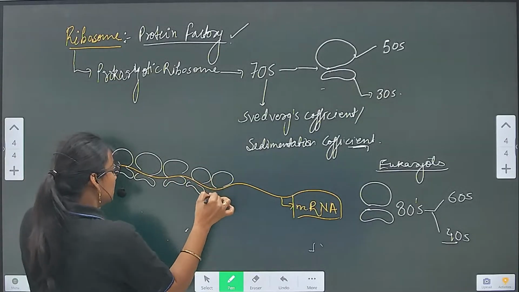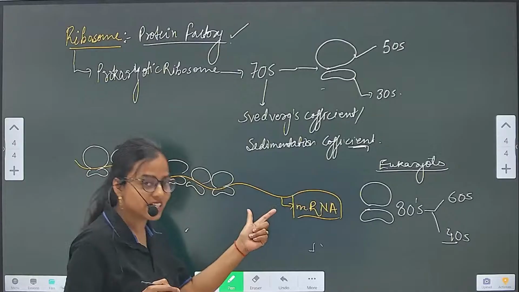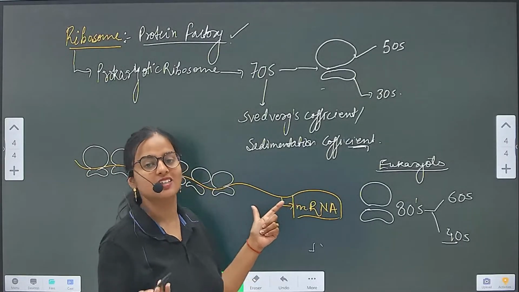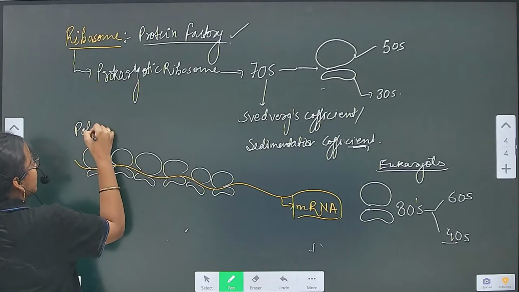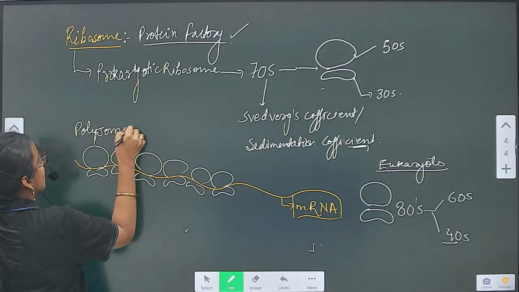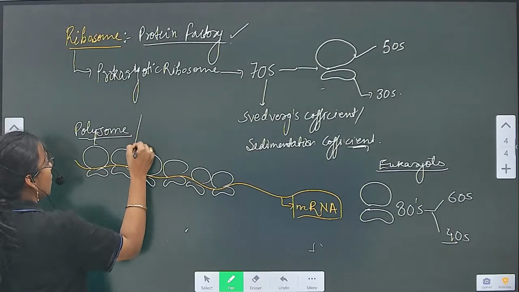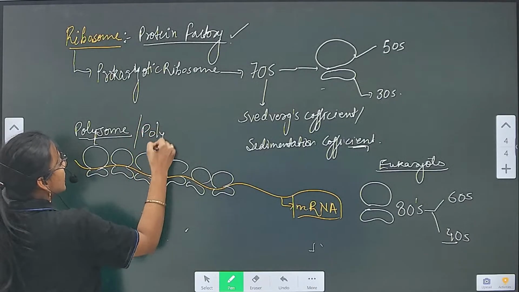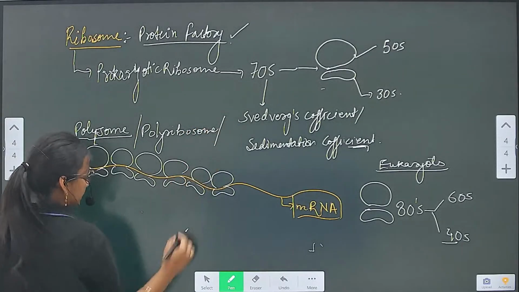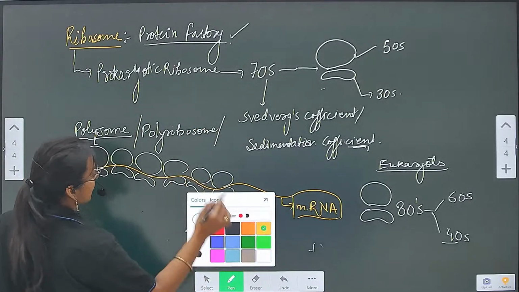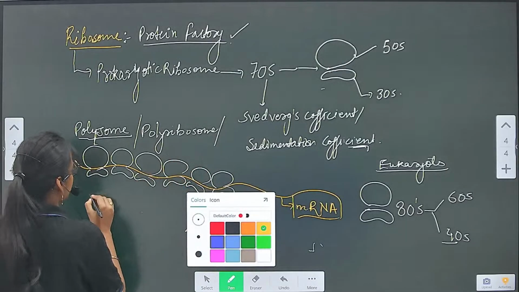Now these multiple ribosomes on this thread-like structure are given a special name, that is called polysome, or polyribosome. Or there is one more name, and that is ergasome.